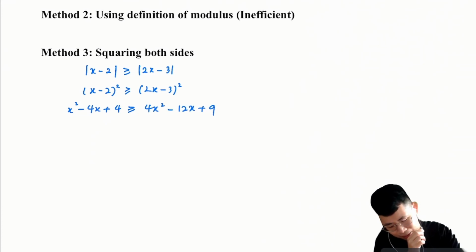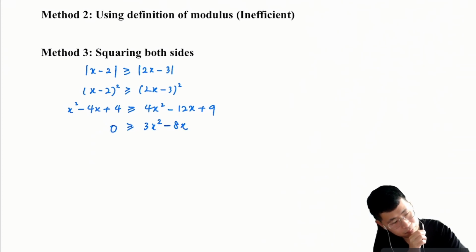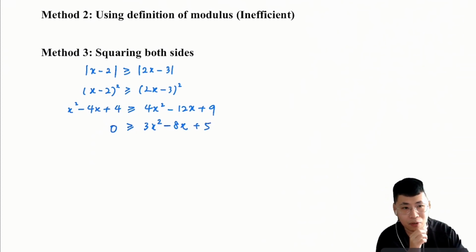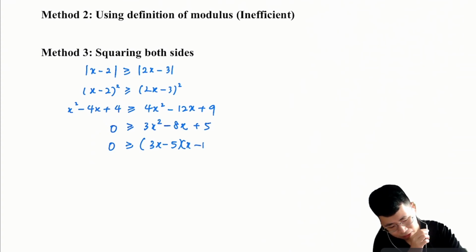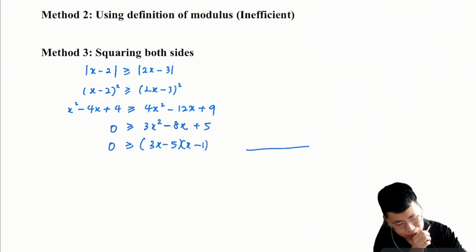Okay, so altogether, we'll simplify on one side, and we'll factorize in the next step. So we are looking for the graph below 0. For this one over here, the solutions given will be very nice actually.